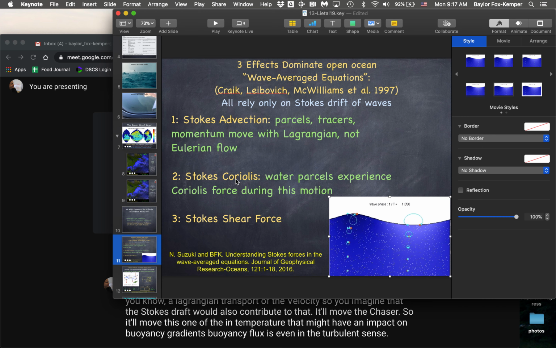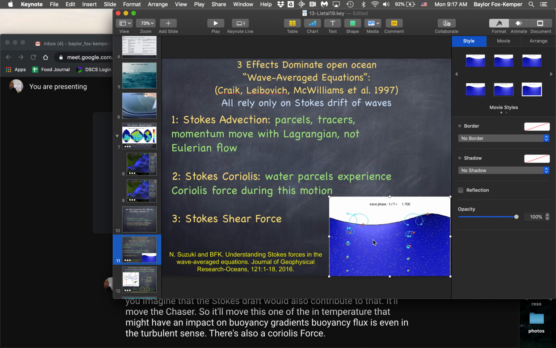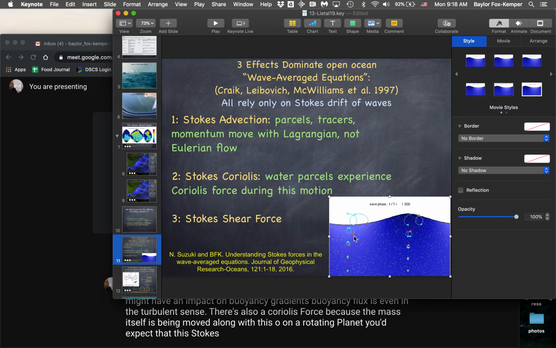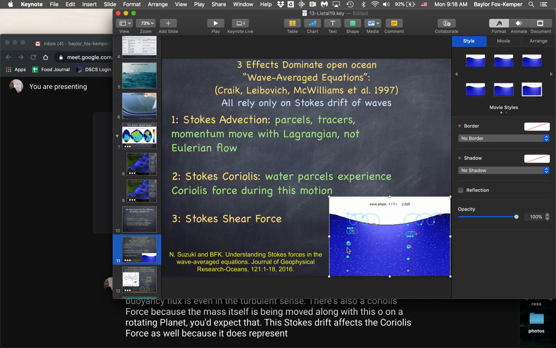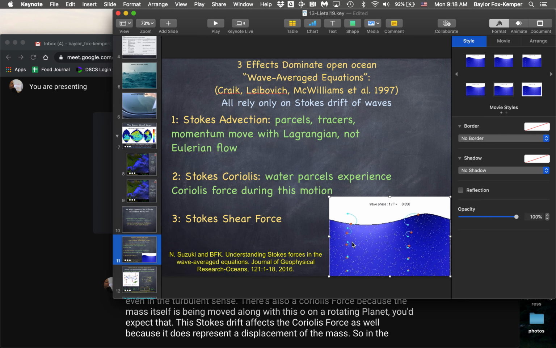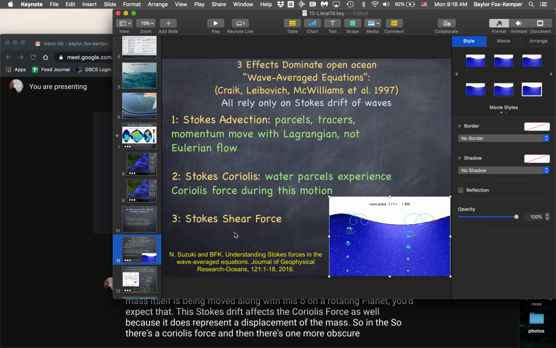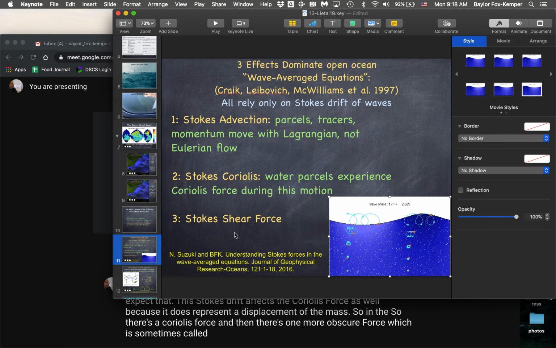There's also a Coriolis force, because the mass itself is being moved along with this. So on a rotating planet, you'd expect that this Stokes drift affects the Coriolis force as well, because it does represent a displacement of the mass. And then there's one more obscure force, which is sometimes called the Stokes vortex force.